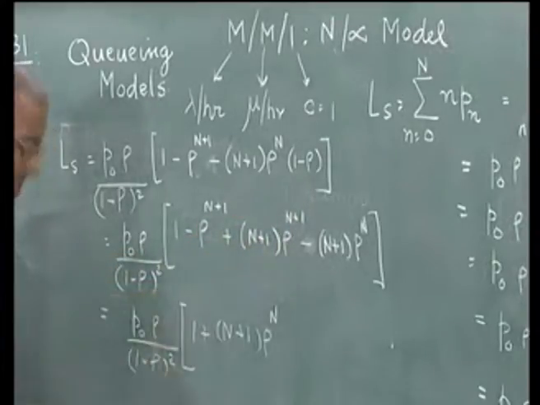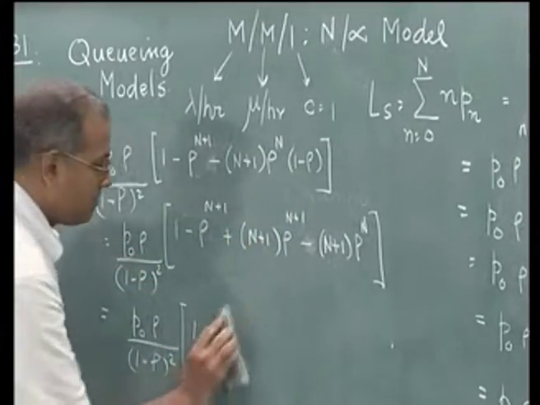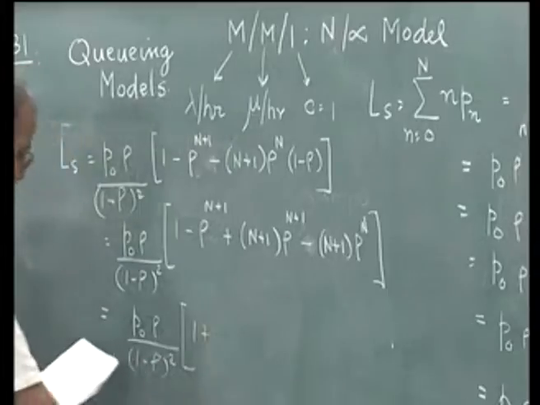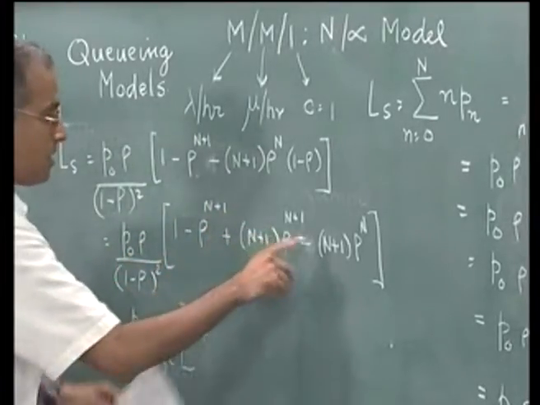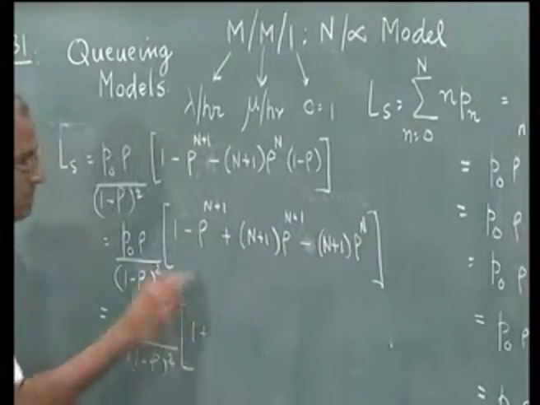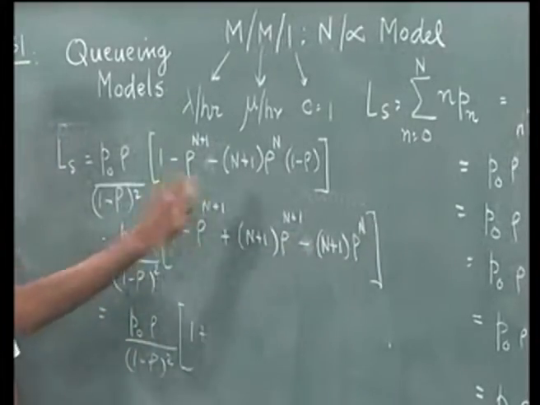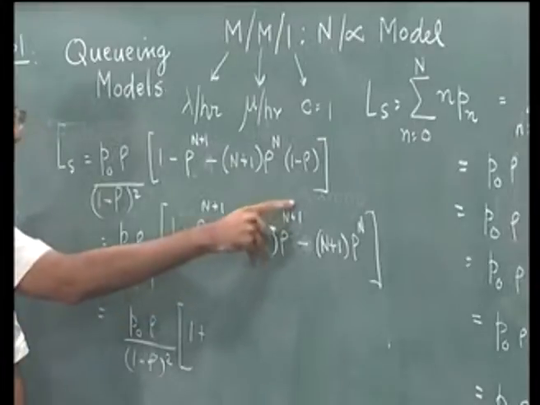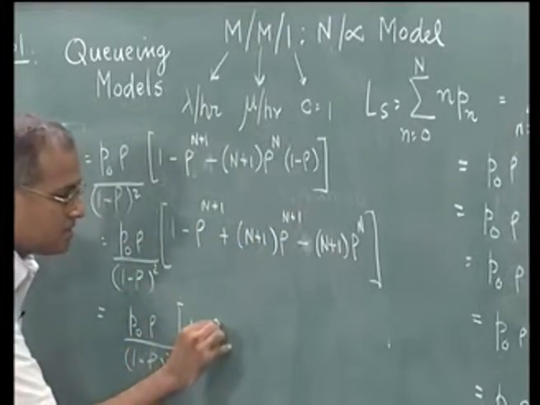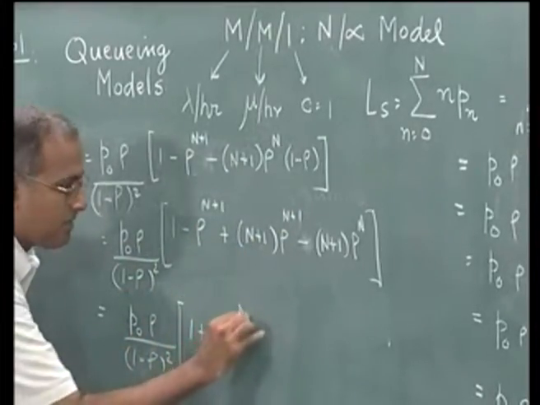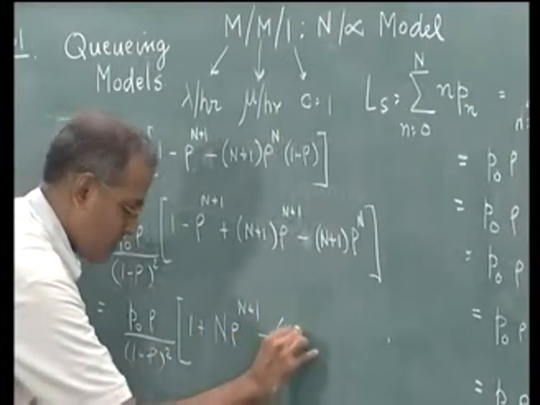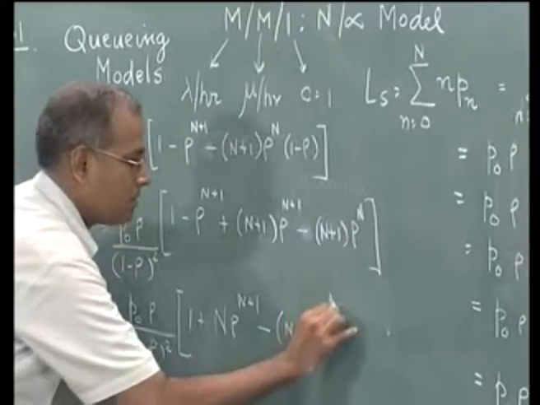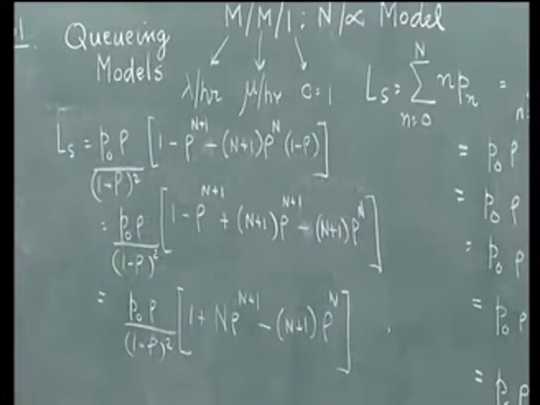When I expand this, there is a minus rho to the power n plus 1, there is a plus rho to the power n plus 1 which will get cancelled. So, I get plus n rho to the power n plus 1 minus n plus 1 rho to the power n is what I get.